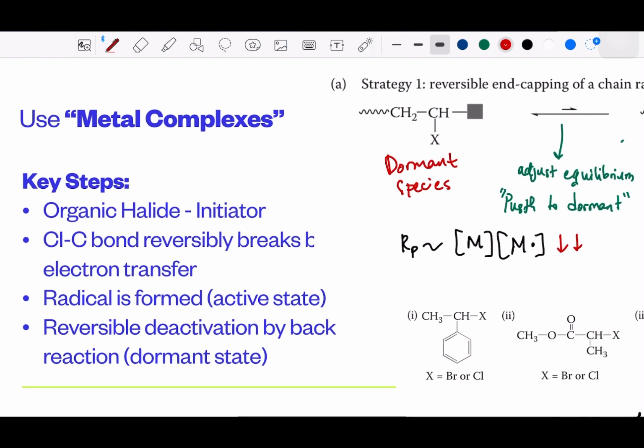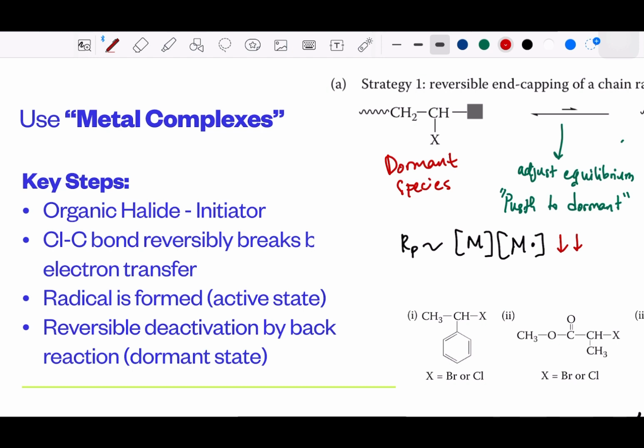So there are some steps. If you want to look at specific steps, we prepare the organic halide initiator, and then the chlorine-carbon bond will reversibly break. And then because of the electron transfer, a radical is formed.